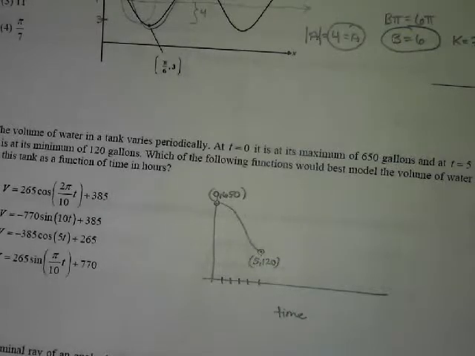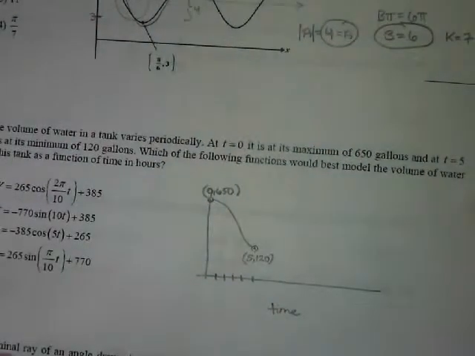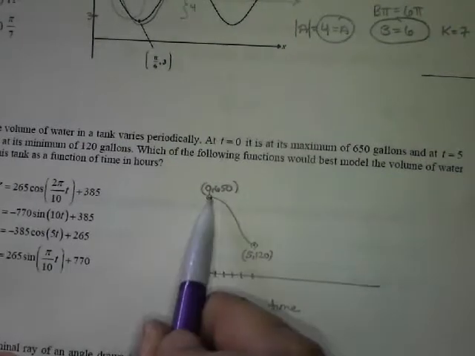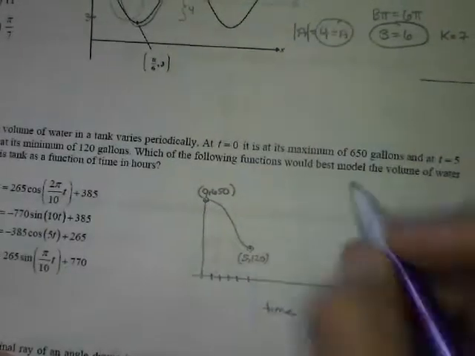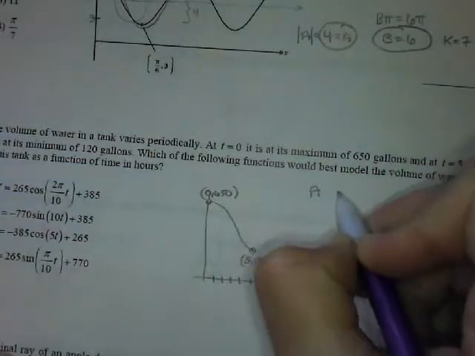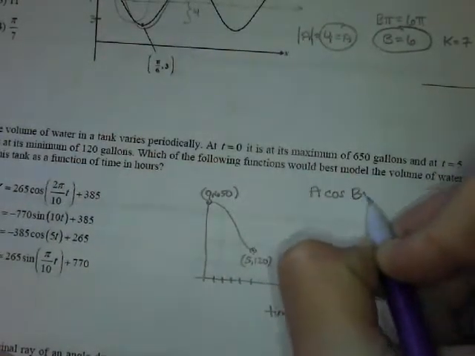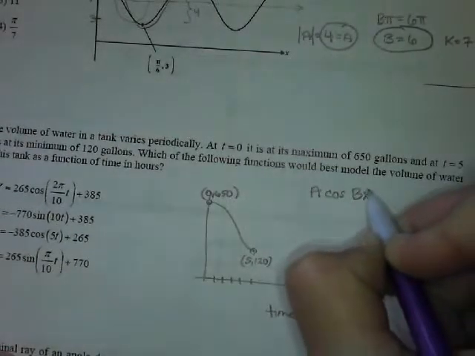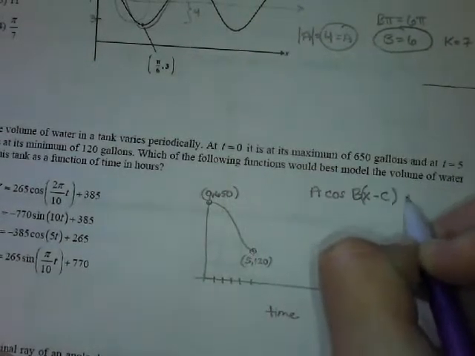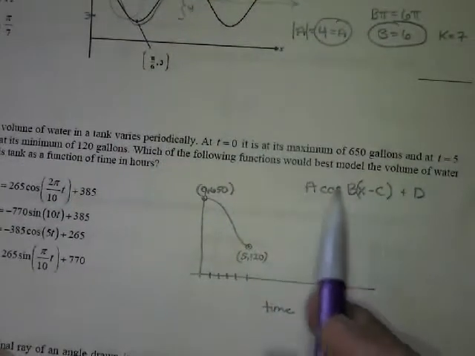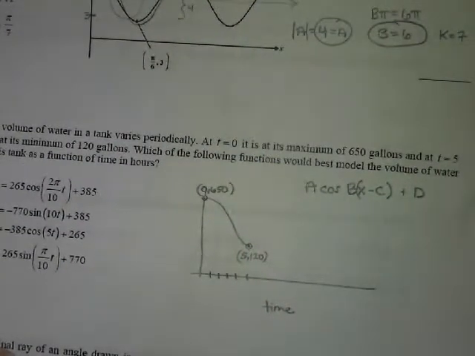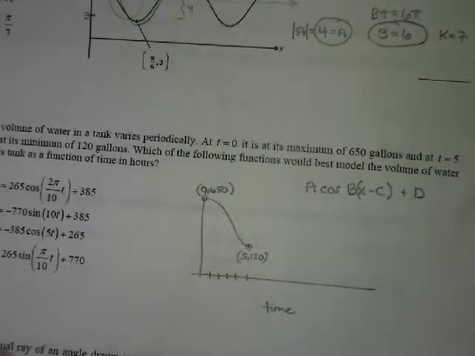Okay. There was no right or wrong answer. You could find the midline, so that's going to be halfway between 650. You know what? This is one of the things that's on my kids' flashcards. Technically, we do this, but we'll talk about that C value. They have to know the format of how to write a trig function because you're going to have to at some point.